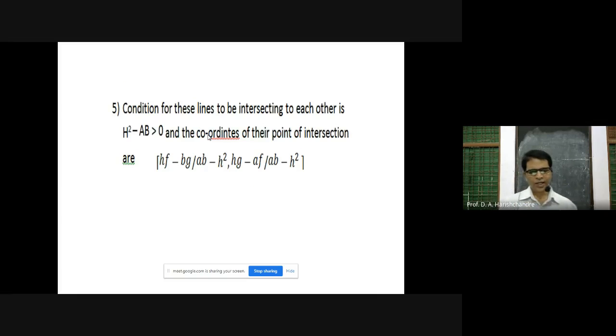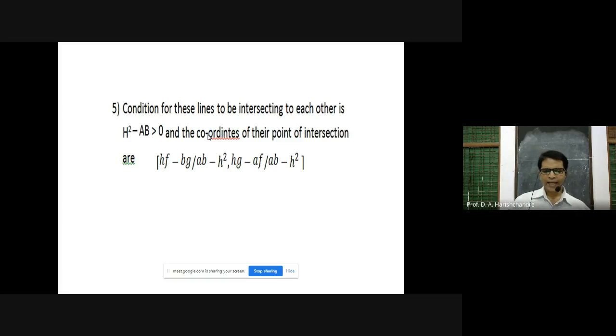Fifth one, the condition for these lines to be intersecting each other is h square minus ab is greater than 0. Whenever h square minus ab is greater than 0, meaning that it is positive, then the lines included in the general second degree equation must be intersecting each other.